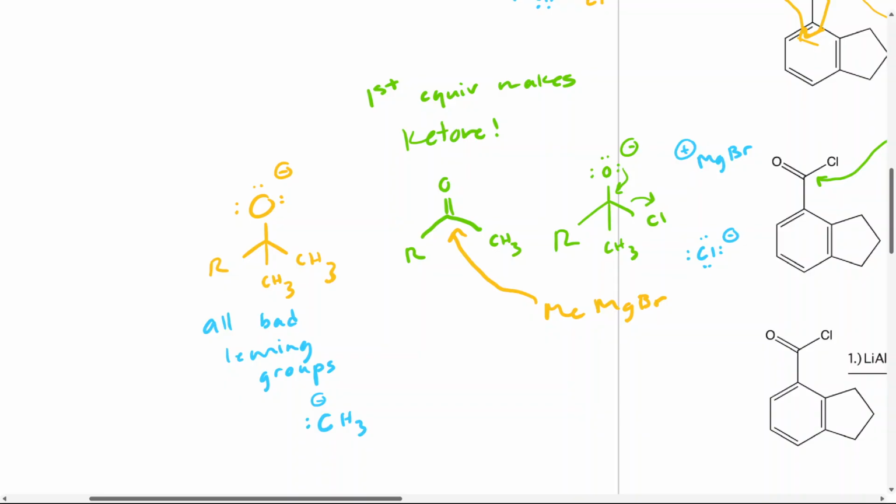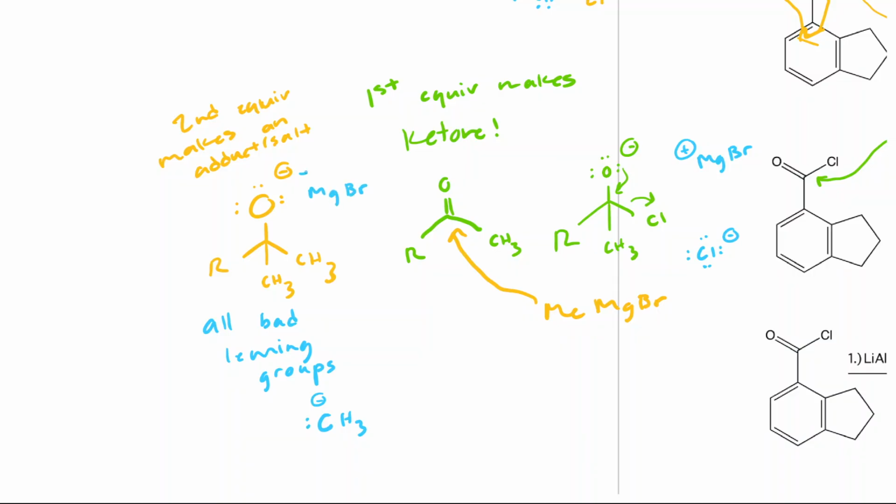So our second equivalent makes an adduct, which is just a salt. And as I said before, the MgBr is floating around to neutralize that, so it's okay.